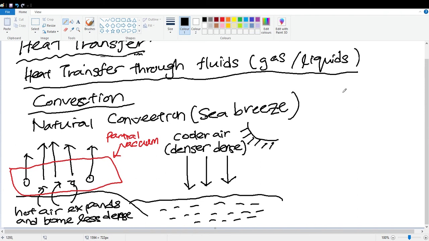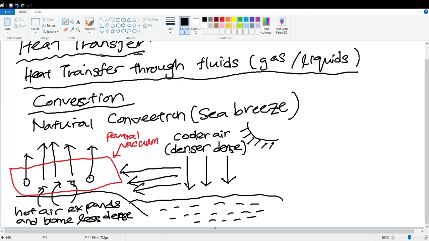Since there is a partial vacuum here, the air tries to balance itself, and hence the wind will blow the air into here to fill up, or occupy, this partial vacuum.